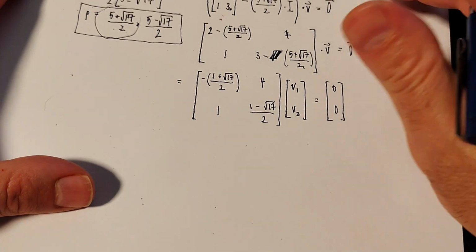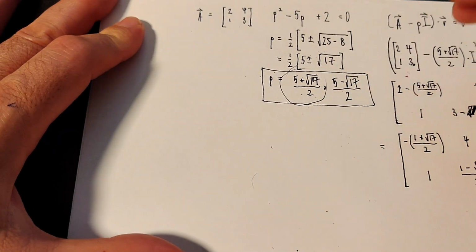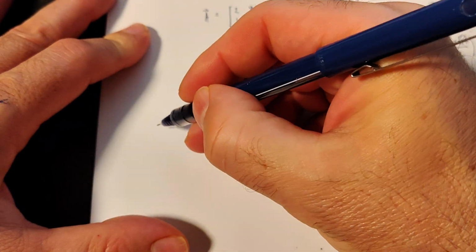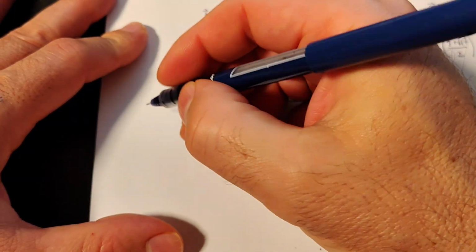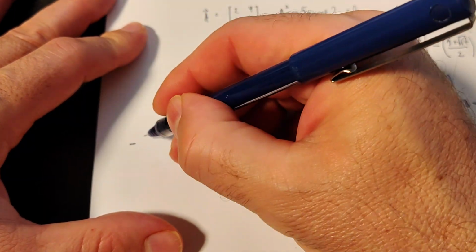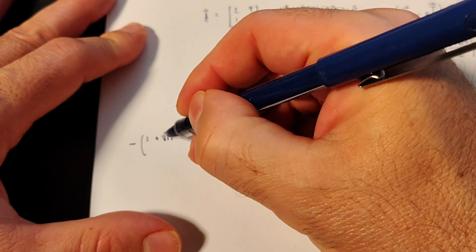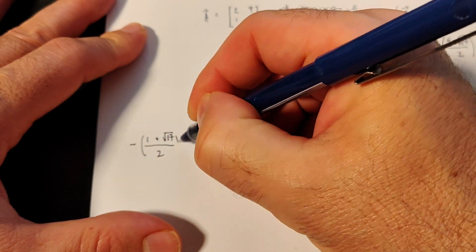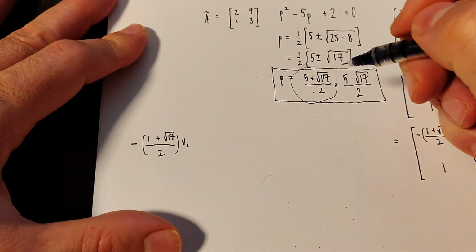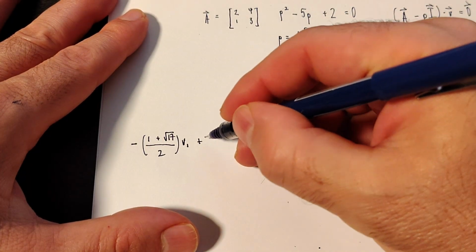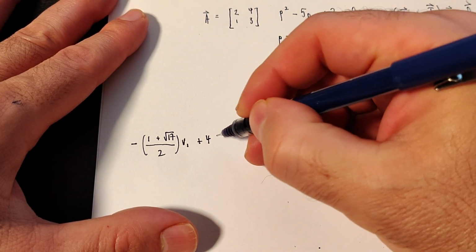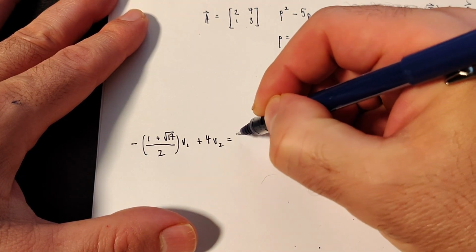All right. So when we multiply that out, sorry, I'm moving over to the side because I'm running out of space here. It's going to be negative 1 plus root 17 over 2 times v1 plus 4 times v2 is equal to 0.